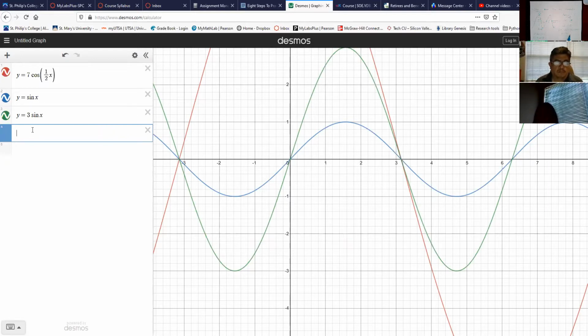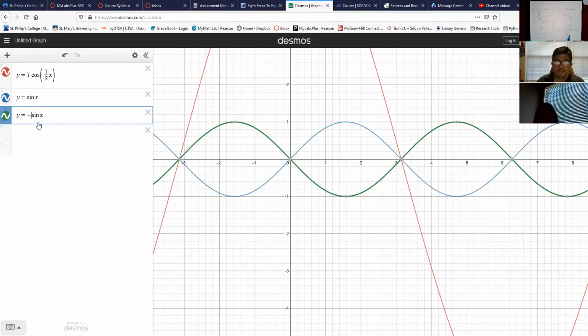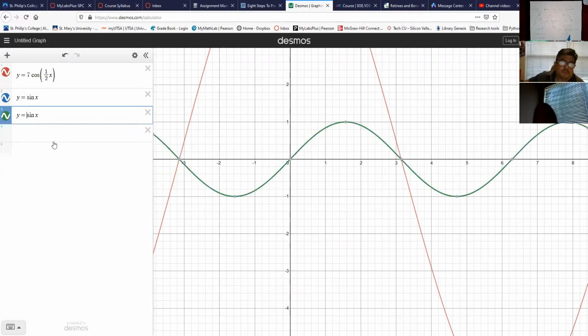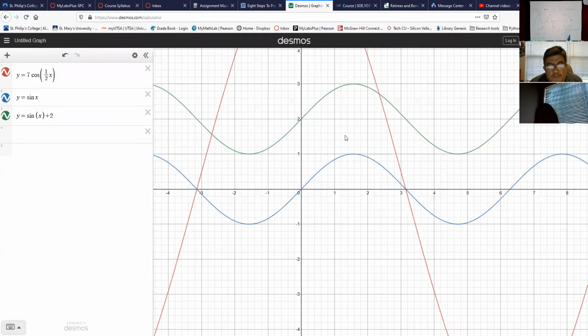But if there is a negative, let's look at the negative reflection. Does that change anything? Still starting from there, but now it's reflected this way. Versus the original. So it will not move from there unless you do something like this. You add the b term that we're going to talk about in a bit. So if you do +2 outside the x, not inside, make sure that's obvious.